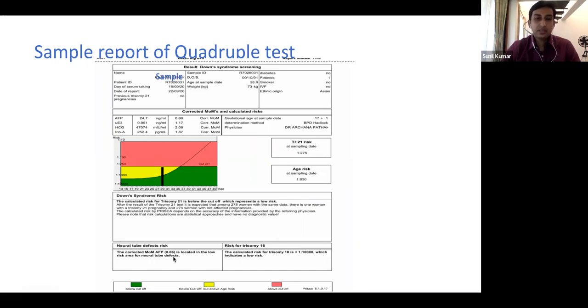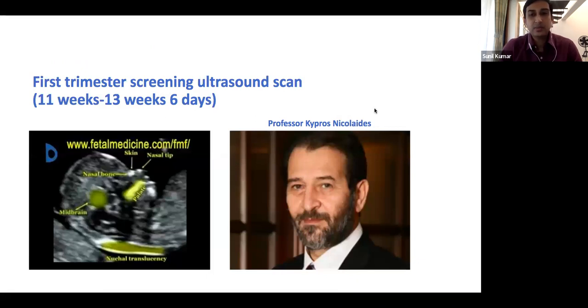So this is about the quadruple test sample report. Green is below cutoff, yellow is above cutoff, and this is also above cutoff. So this is about the interpretation of the quadruple marker. Double marker will be along similar lines, and I'm going to show an abnormal double marker report.